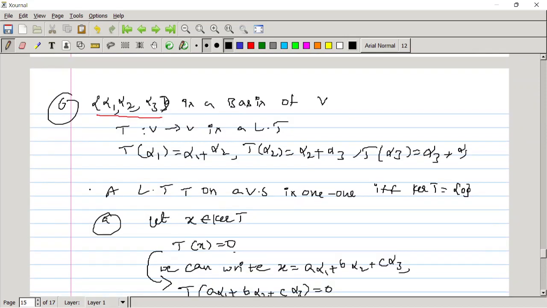So from this property I am saying T is 1 to 1. The property I use here is this one statement. Let me write it clearly. This is one property of a linear transformation.